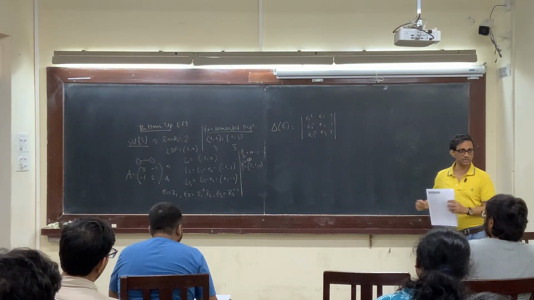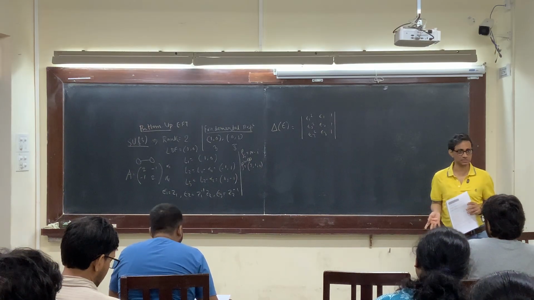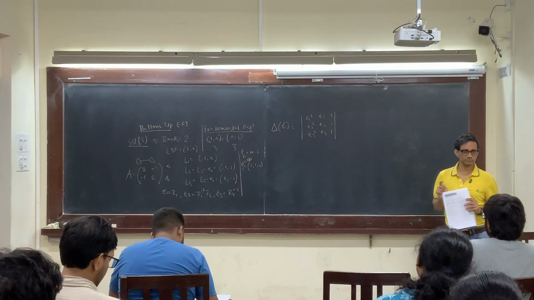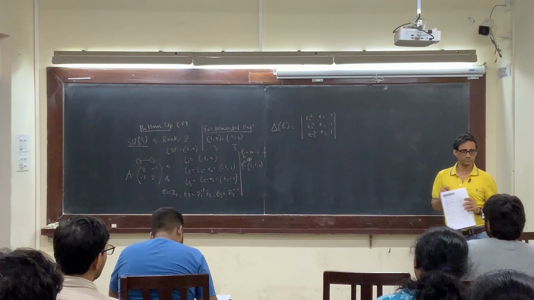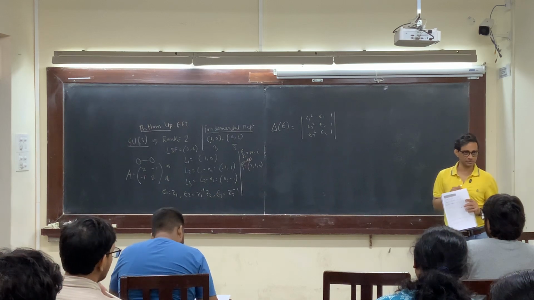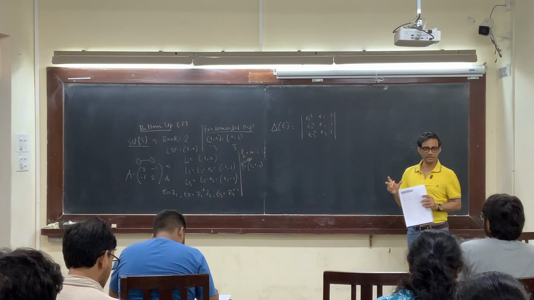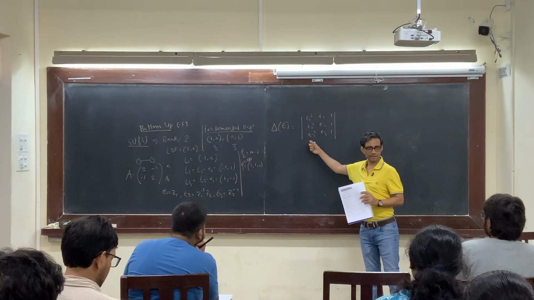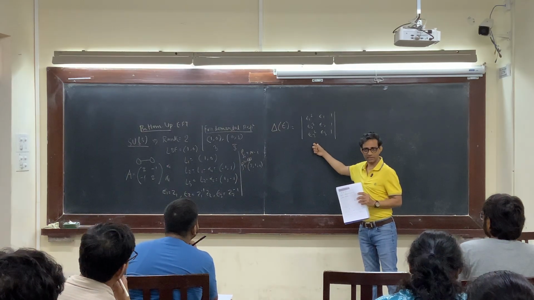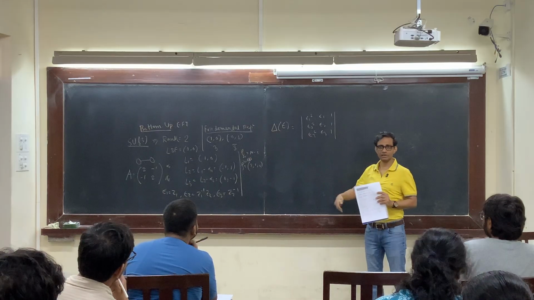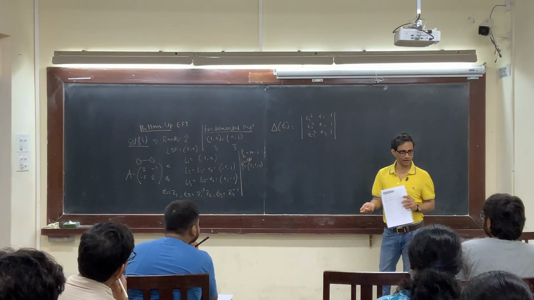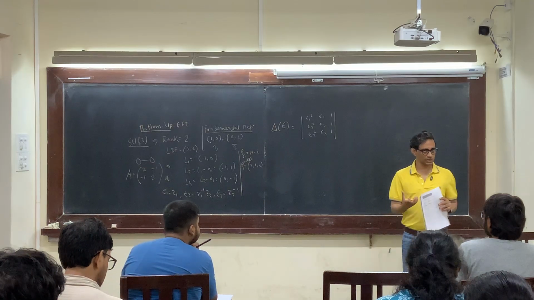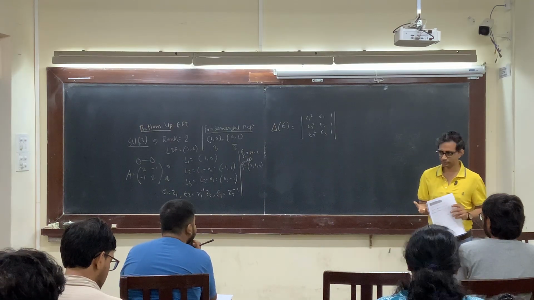That's why I can immediately write it down even before writing any representations. It also appears in another place, which we will see: the Haar measure. The Haar measure is constituted from this. And because this doesn't have any representation dependence, the Haar measure also doesn't have any representation dependence. That is quite expected because the Haar measure is the group space volume. It should not depend on the representations, right?